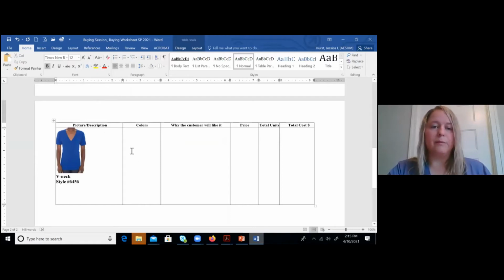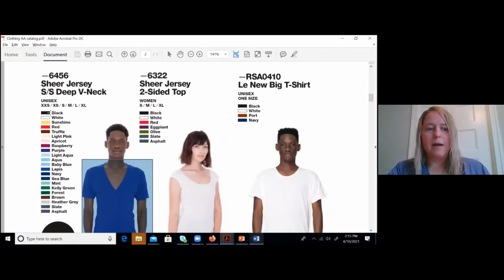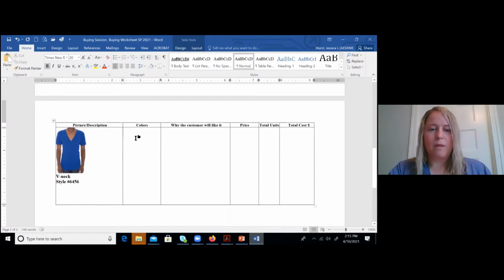You'll know all the information. And for the colors, if I go back into my PDF, here are all the colors that it comes in. So I could pick any of these colors. We'll just stay with navy. Again, why the customers would like it.